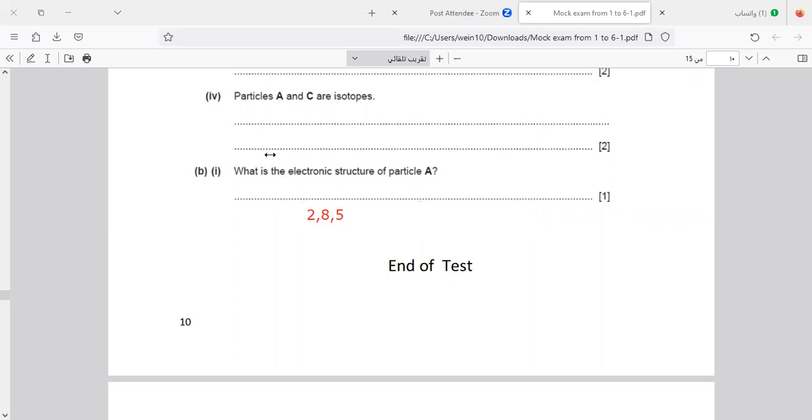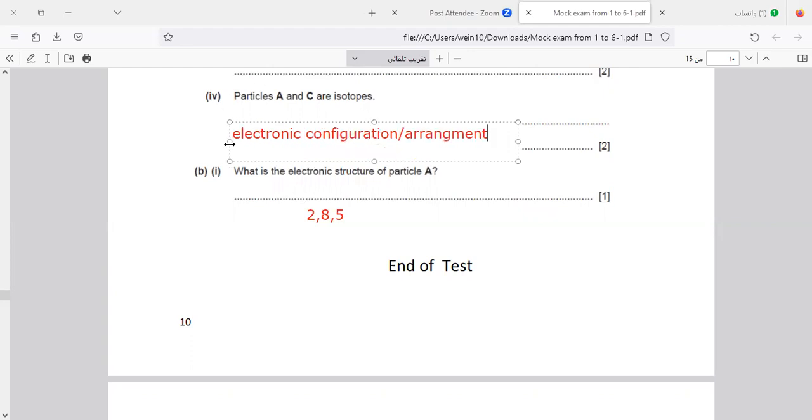Maybe he will say, what is the electronic configuration? Electronic structure, electronic configuration, or electronic arrangement. The same idea.